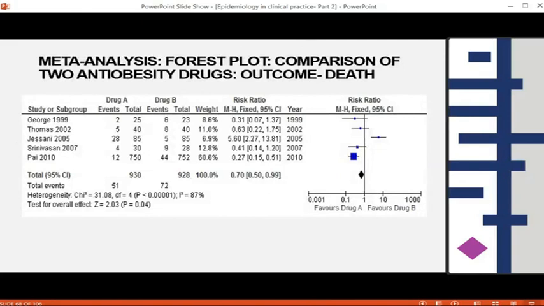It predicted that the effect estimate will lie somewhere between 0.07 and 1.37. That's a prediction from this trial's estimate of what I expect you to get. The next trial, Thomas 2002, fulfilled that prediction. It fell within that prediction limit, but extended a little bit. So now the new prediction is 0.07 to 1.75.